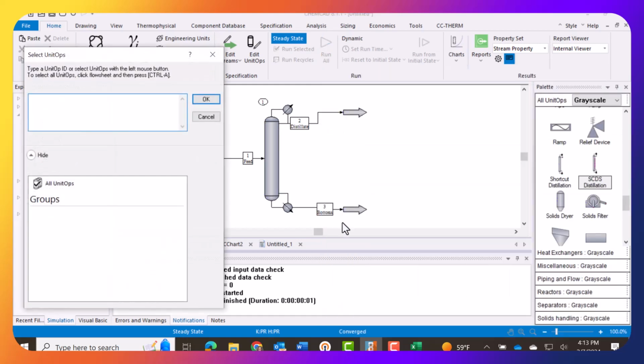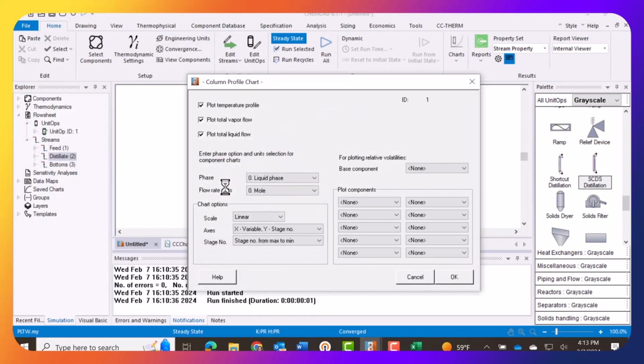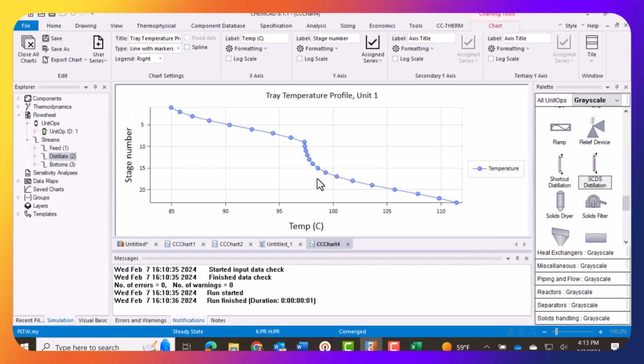If you look at the column profile and select, in this case, all units, we want it to select all the types of profiles. It doesn't really matter. Say OK, and it will create graphs.